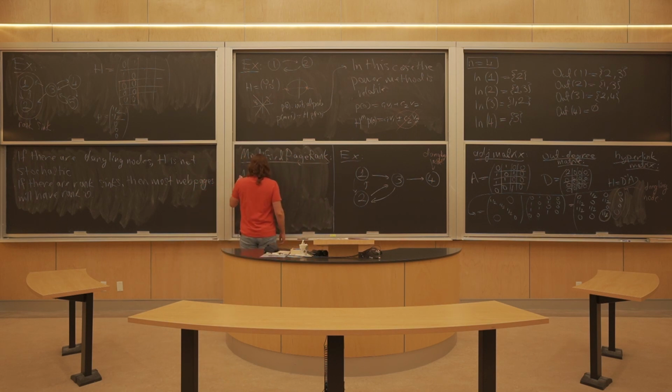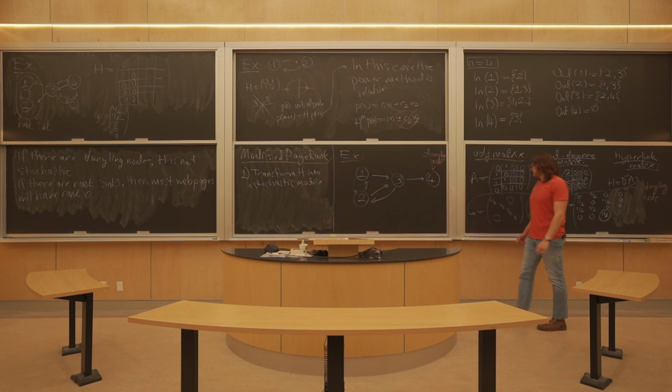So first, transform H into a stochastic matrix. And the way you do this is by replacing any 0 column with the uniform probability.